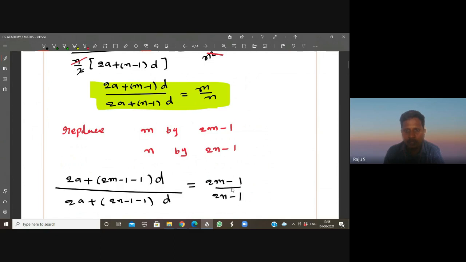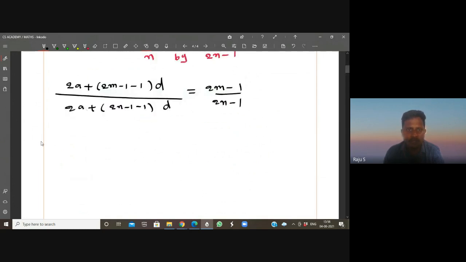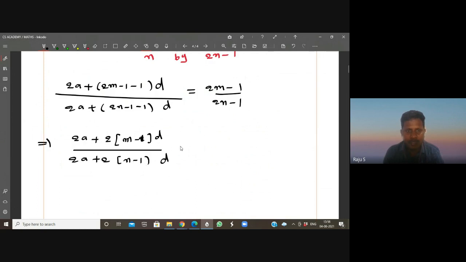See here, RHS we got. LHS we can prove that it is Am and An, which implies 2a plus 2 into m minus 1 into d by 2a plus 2 times of n minus 1 into d is equal to 2m minus 1 by 2n minus 1. So here 2 take common, numerator and denominator get cancelled. So what is the remaining amount? Anyone?